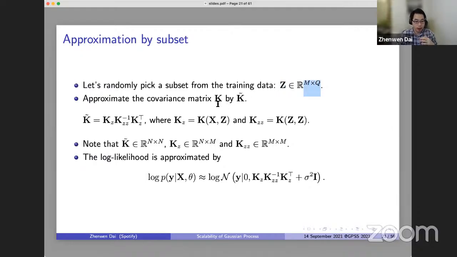In the Nyström approximation, we approximate the original covariance matrix K by K tilde, which is constructed in the following way.